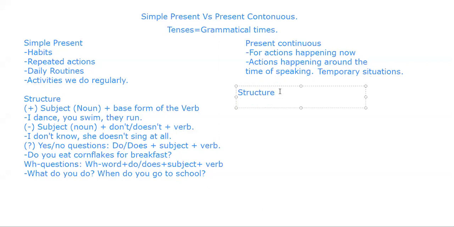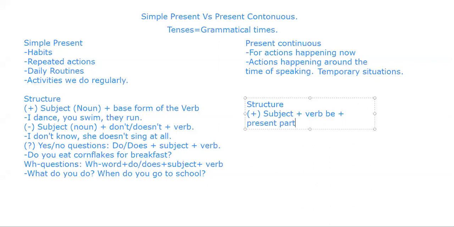What is the structure of the present continuous? Well, in the affirmative, so you can compare and put it next to it. In the affirmative, we have the subject plus the verb to be plus the present participle.